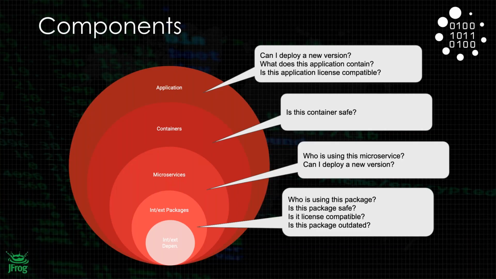When we talk about components, before I show you what I'm exactly talking about and how you can utilize metadata, and like I said, I'm going to give examples of our product, everything is like a giant Russian doll, right? And everything's encapsulated in everything else. When you start looking at the application layer, what does this layer contain? If you're using a container, and you're hosting, say, the application in the container, is this container safe?